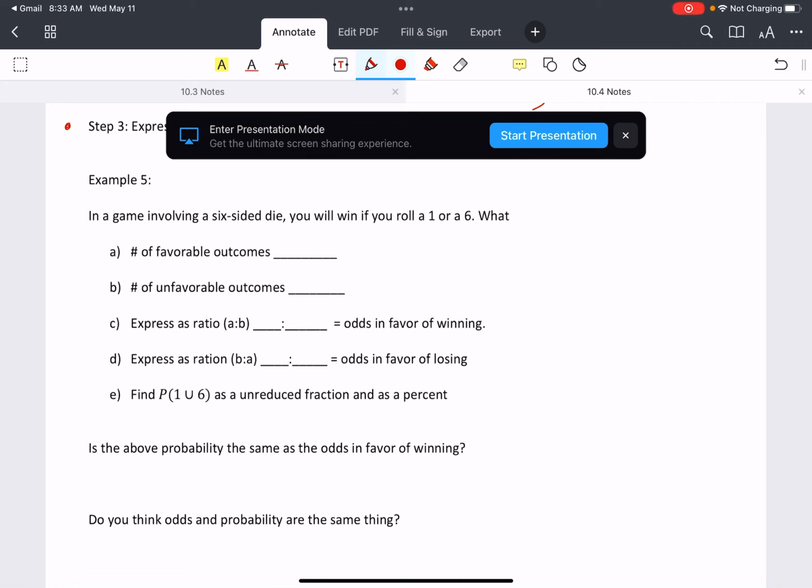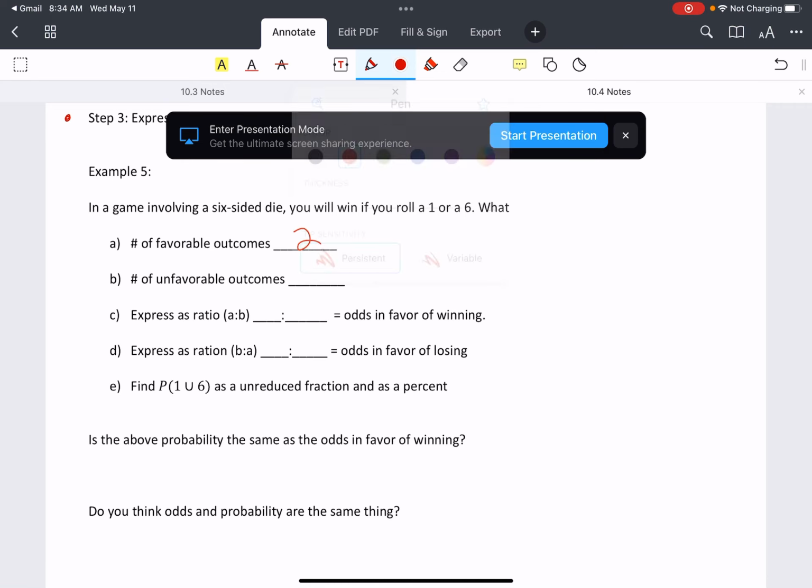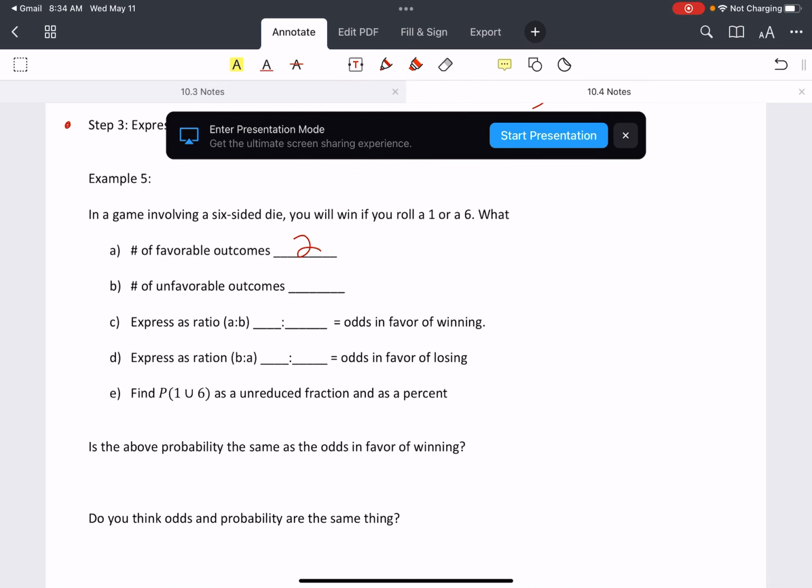Okay, so in a game involving 6-sided dice, you will win if you roll a 1 or a 6. So how many possible wins are there? 2. So how many possible losses are there? 4.